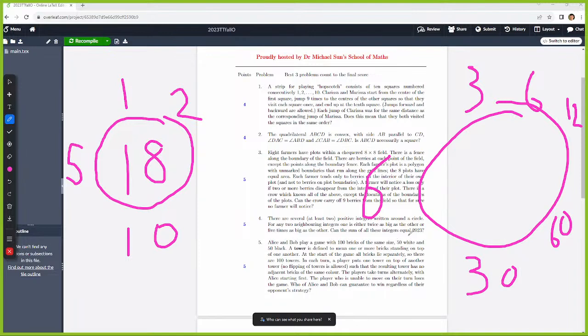Can you tell that 2023 is not divisible by 3? How do you know? If you add up the digits in the number, you get 7, so it's not divisible by 3. 7 is prime, and 17 is also prime.